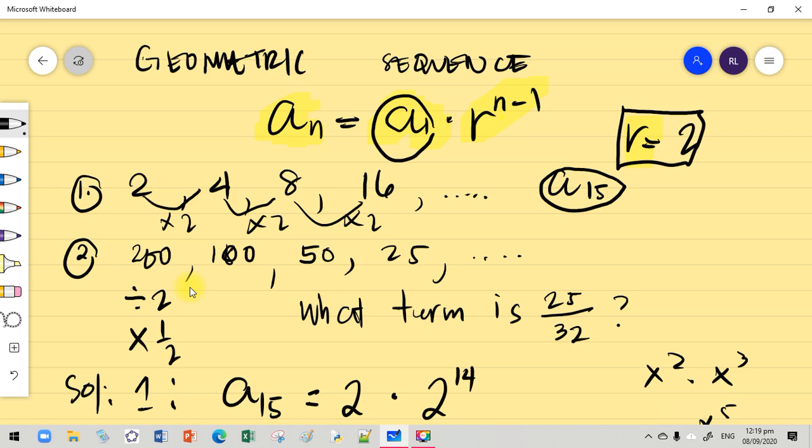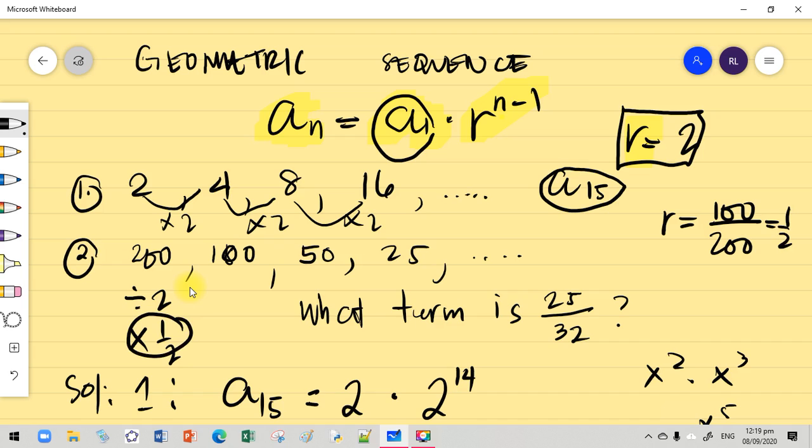So generally, how do we get r? r is the present term in consideration, 100, divided by the previous term, which is 200. So you'll get 1/2. That is why here we have times 1/2.